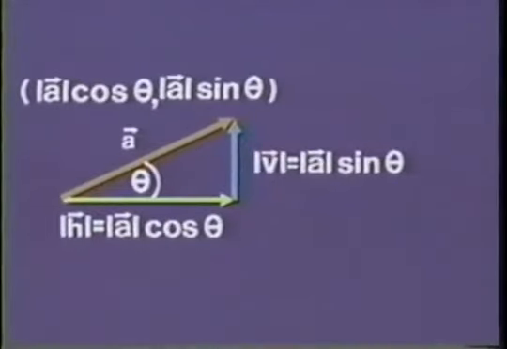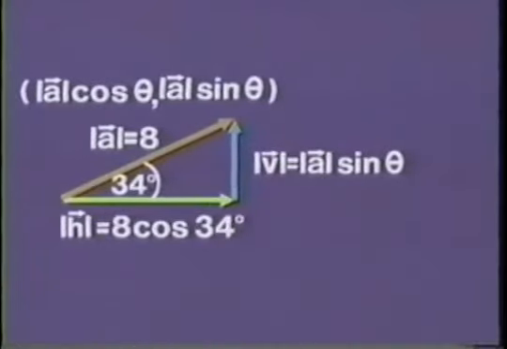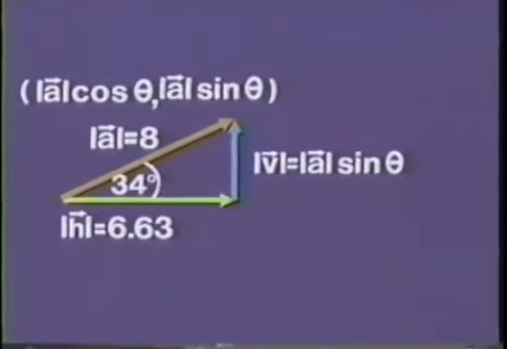Now let's put in some numbers. If we make A 8 units long and angle theta 34 degrees, we can find the actual values of the components. The horizontal component equals 8 times the cosine of 34 degrees. 8 times 0.829, or 6.63 units.